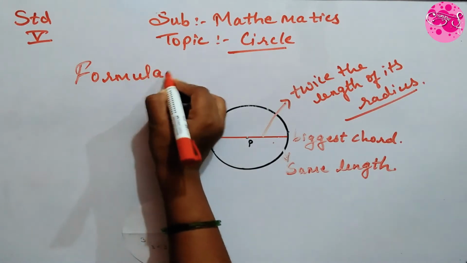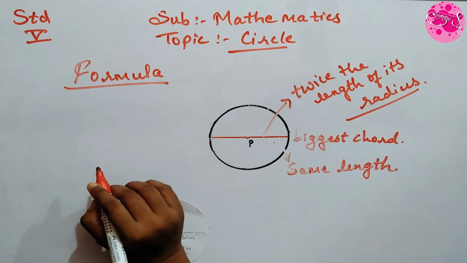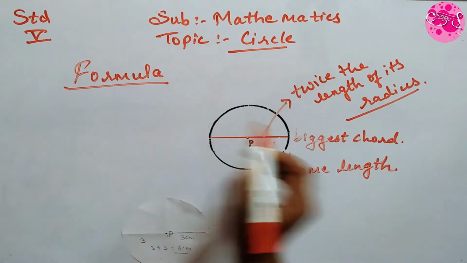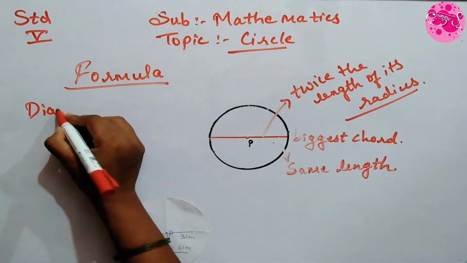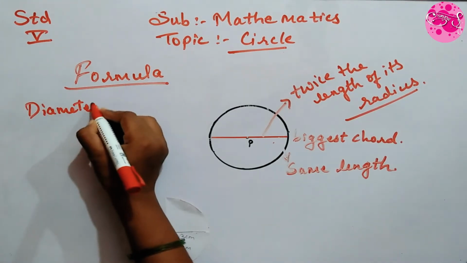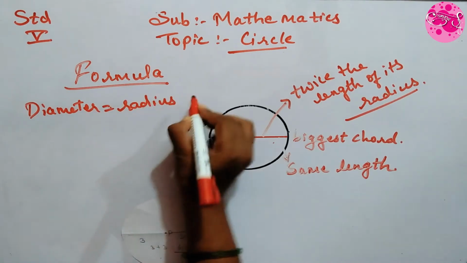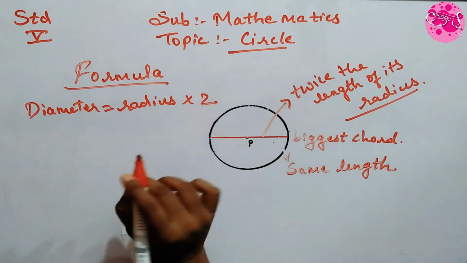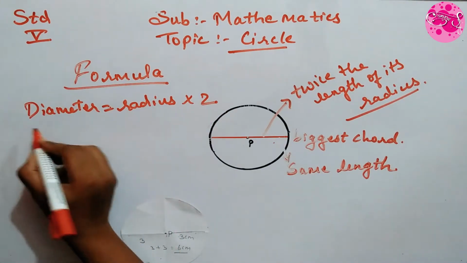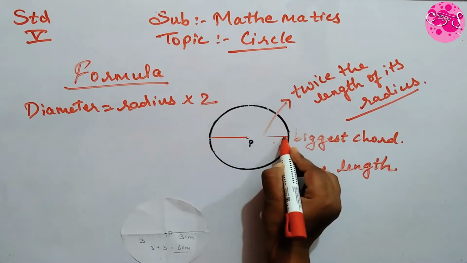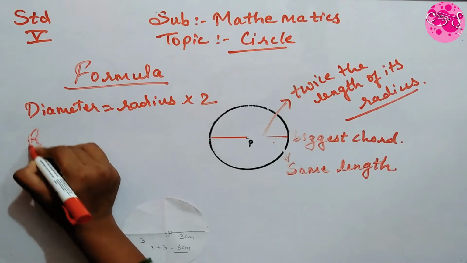The formula to find out the diameter is diameter is equal to radius multiplied by 2. Second, the formula to find out the radius is radius is equal to diameter divided by 2.